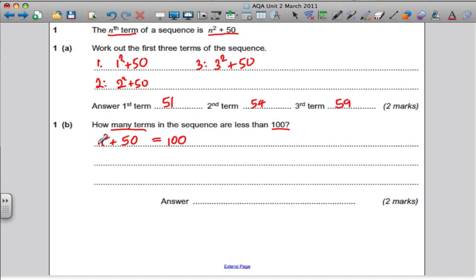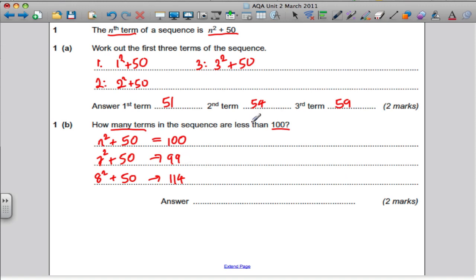Why don't we choose n to be 7, let's say. 7 squared plus 50, 7 squared is 49, plus 50 would give me 99. And 8 squared, the next term, plus 50 would give me over 100. It would be 64 plus 50, which would be equal to 114, which is too much.